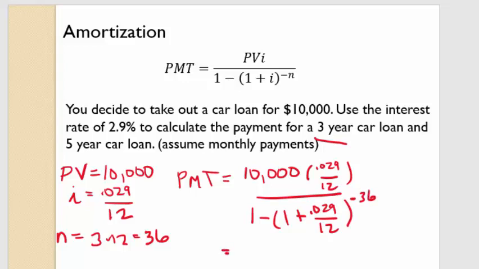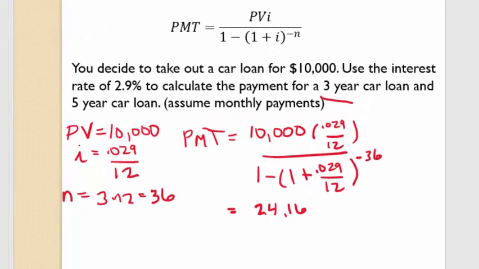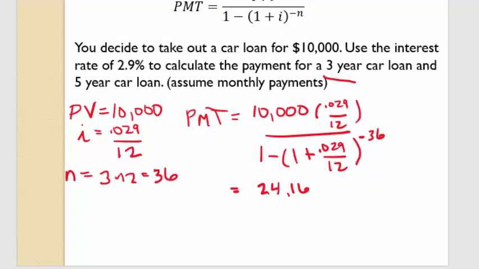So try calculating this on your own, and then compare your answer with the one here. So the top number should be around 24.16667, and the bottom number should be around 0.08323, which gives you a payment of about $287.